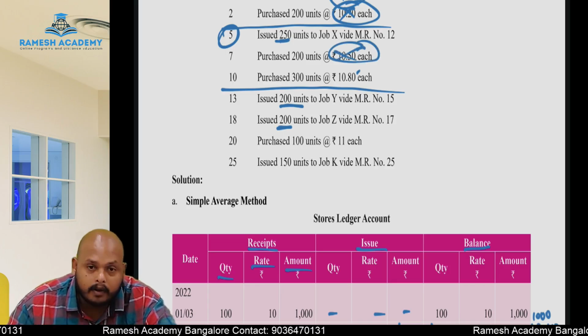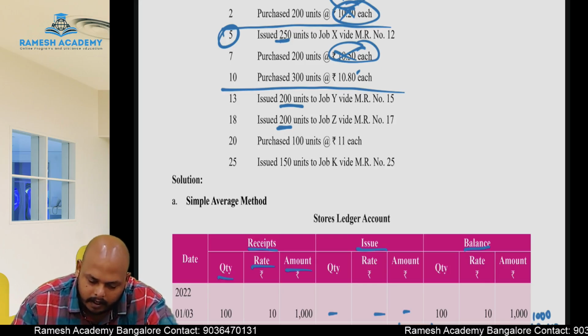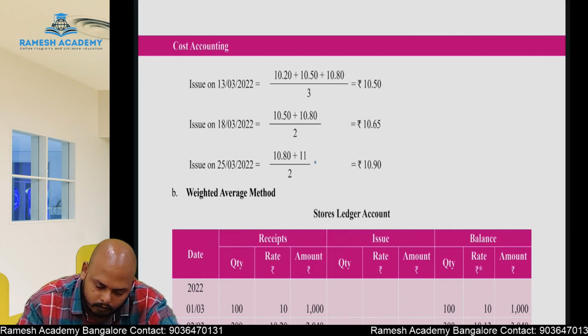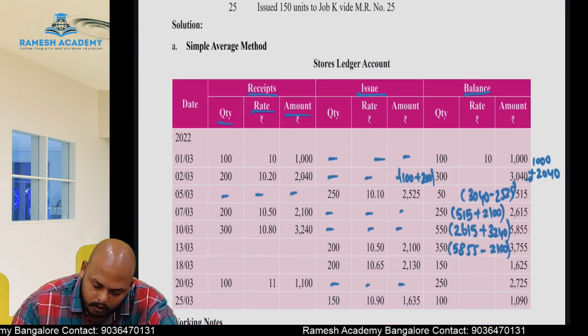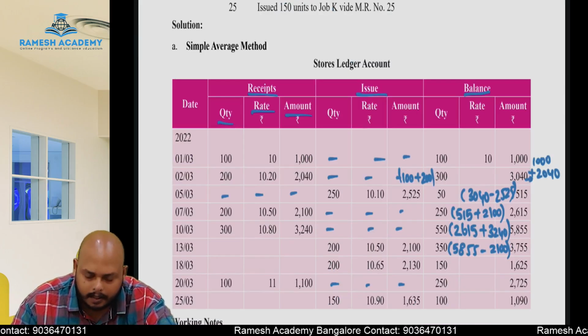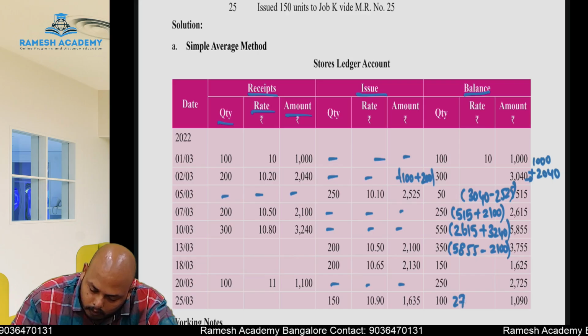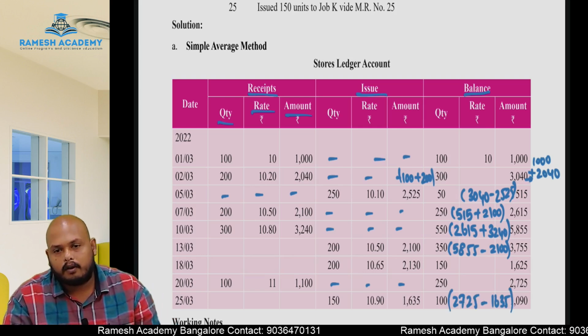The only leftover prices are 10.8 plus 11 divided by 2, which is 10.90. They wrote the balance. 2725 minus 1635. They got the balance 1090.